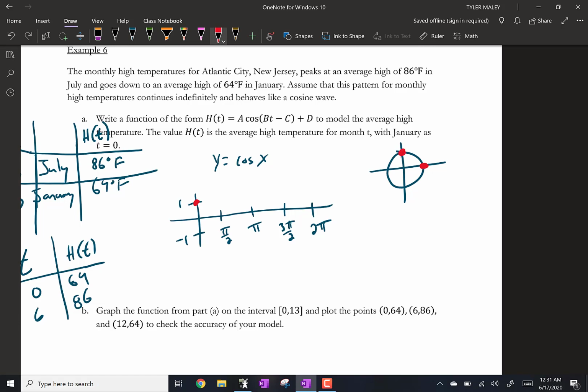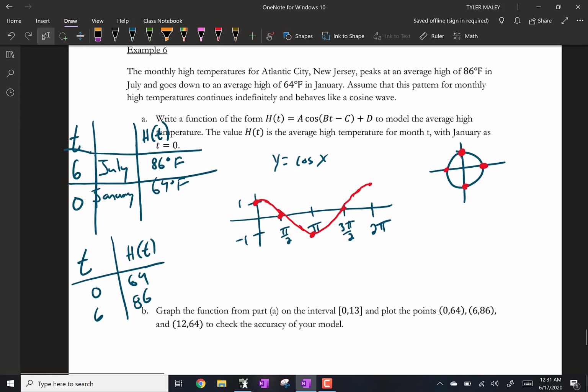The x value is 0. At pi, the x value is negative 1. Then 3 pi over 2, the x value is 0, and back at 2 pi, the x value is 1. So the cosine wave looks like this.